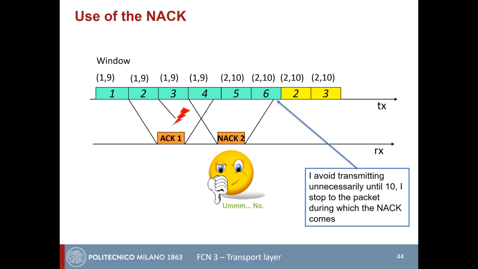So it can send a NACK on packet number 2, and even if the timeout should be increased or is very large, immediately when the transmitter receives the NACK on packet number 2, it starts the retransmission operation. So it starts retransmitting from packet number 2, packet number 3, and so on, without waiting to get to the end of the window.